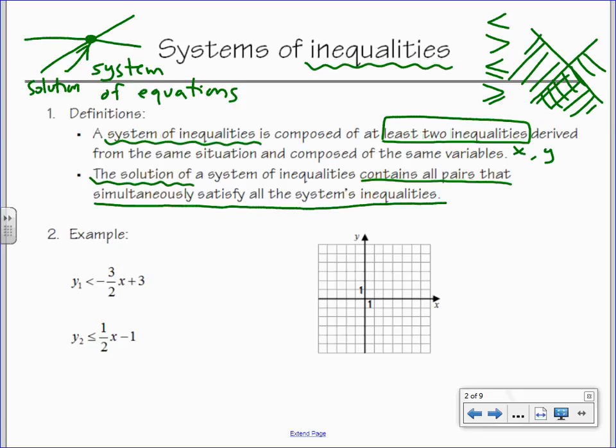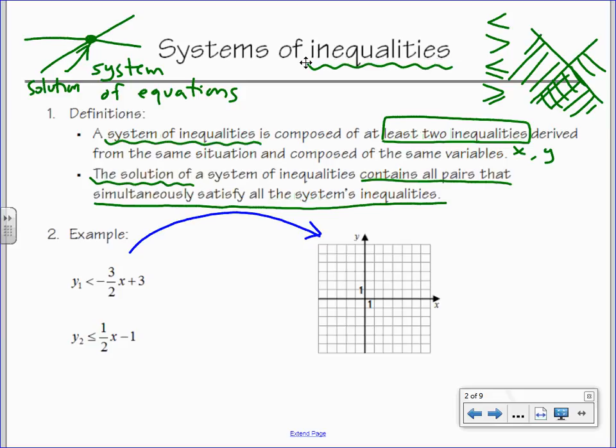So let's do an example together to see how it's going to work. First, you have to graph. I'm asking you to graph the inequalities here, and we're going to be able to see where the solution is on the graph. So if you want to graph y is smaller or equal to negative 3 over 2 x plus 3, there are different ways that you can graph it.